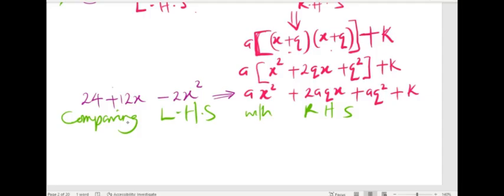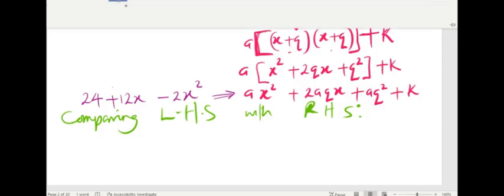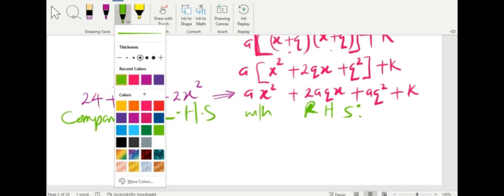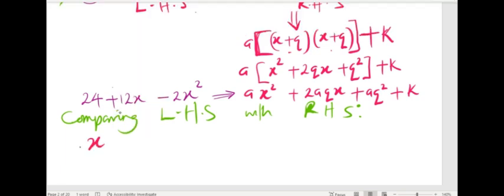We compare each term by term. First of all, the term in x squared: on the left-hand side we have minus 2, while on the right-hand side we have a.